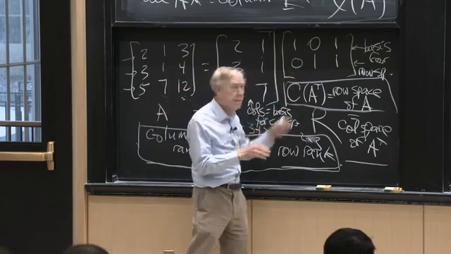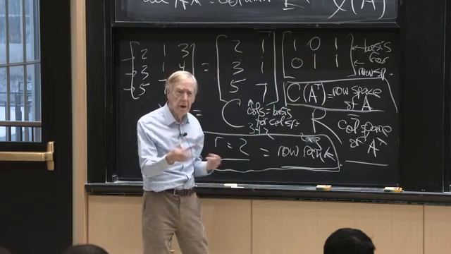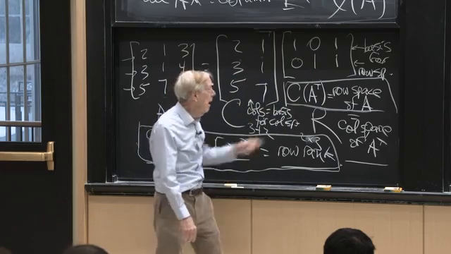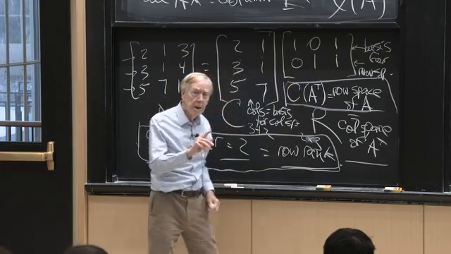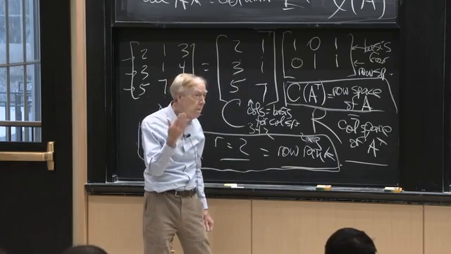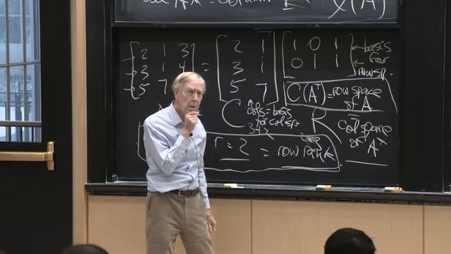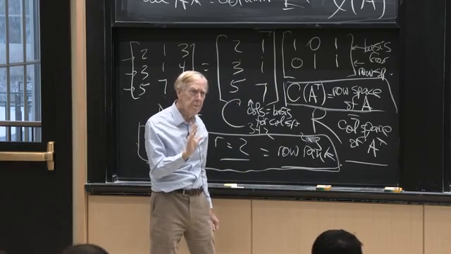I have to check that they're independent. So I haven't got too many vectors. I haven't got any extra vectors in there. And I also have to check that their combinations produce all the rows. Should I say that again? That's what I'm going to check.